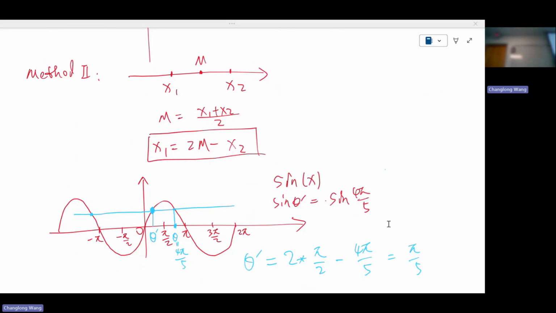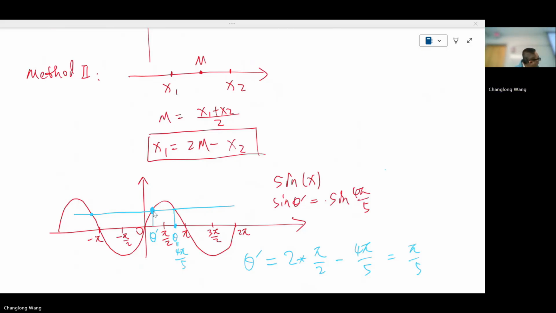I draw a line to see whether I can find some other location where I'm looking at the same exact value of sine 4 pi over 5, but at a different angle. You see that the horizontal line is going to intersect a point here, and here, and here, or even many other places. But I make this dot a lot bigger because this is the one that tells me what theta prime is.